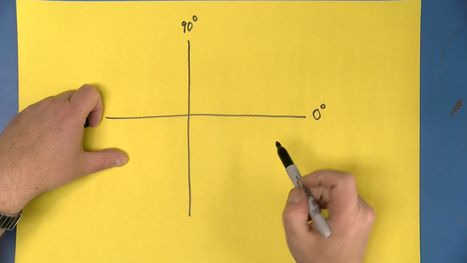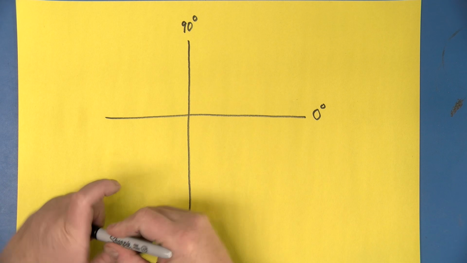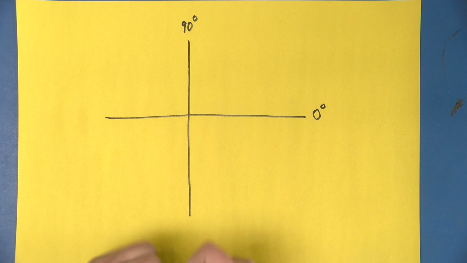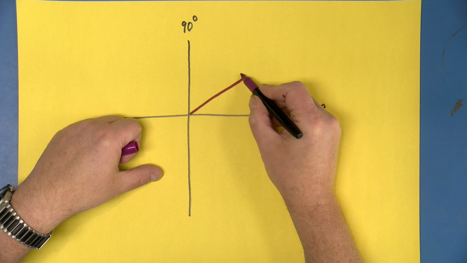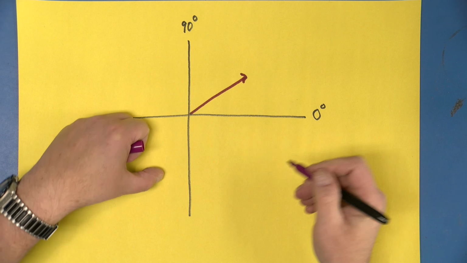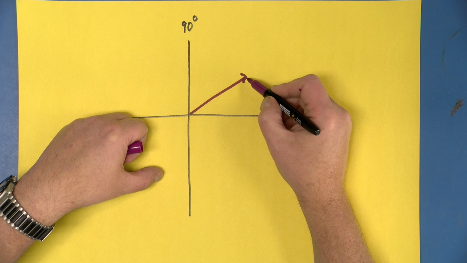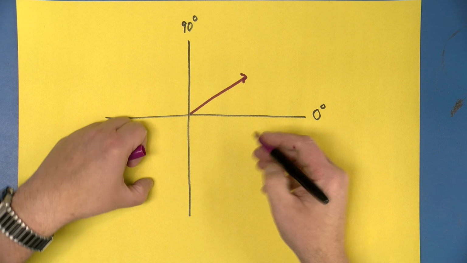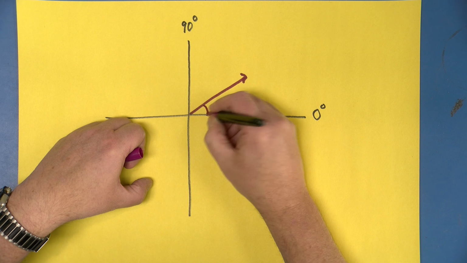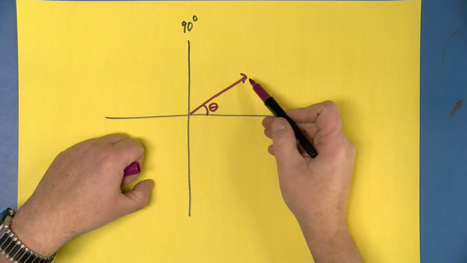And to represent any current we want, we'll draw the current on here like this with an arrow, and the length of this thing will be the current in amps, or could also be the power in volt amps. And the angle here is the phase angle of the current.